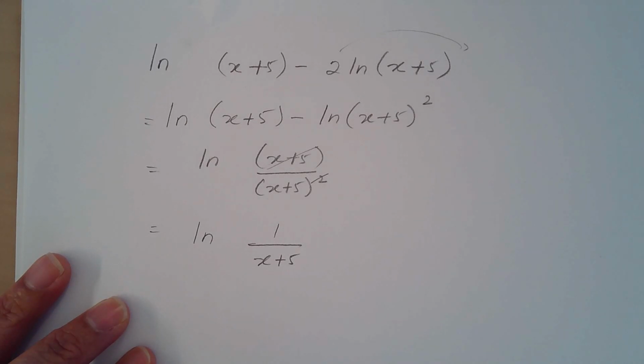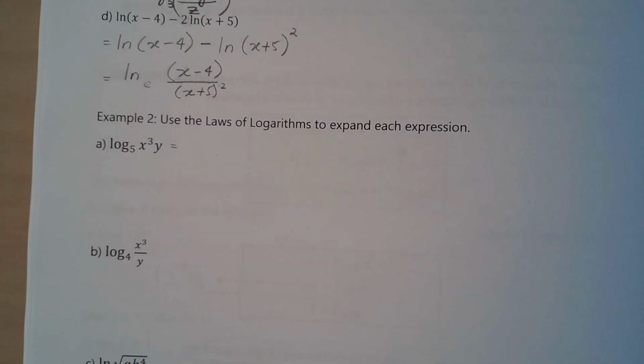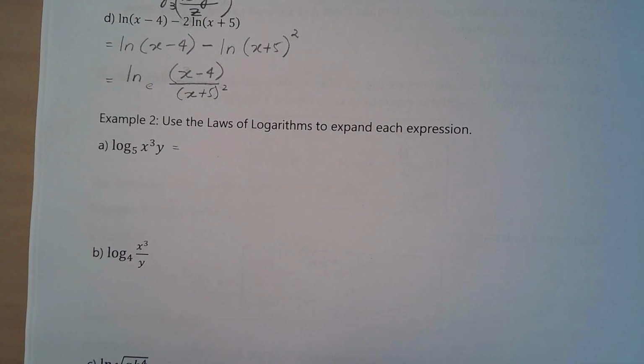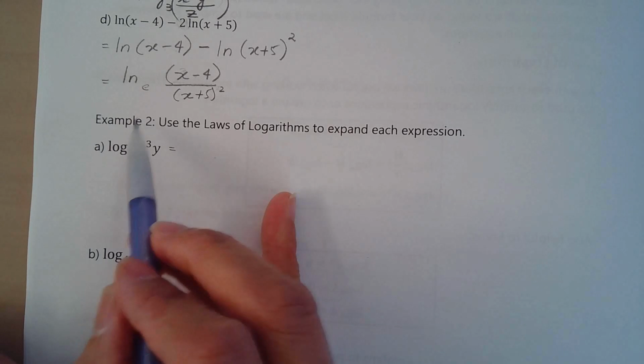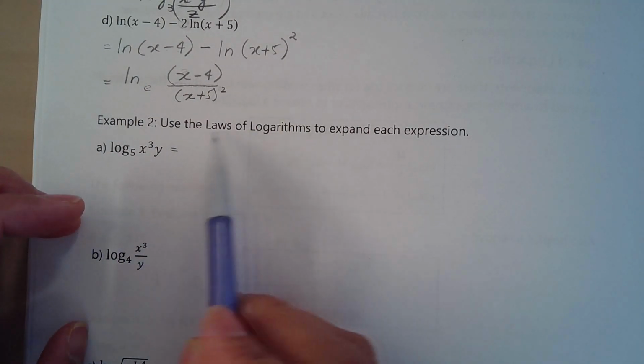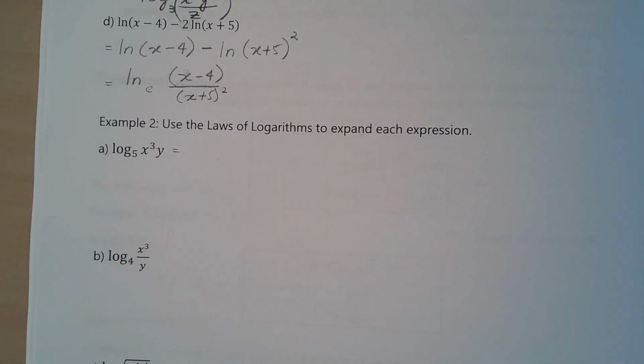Okay, that's good. Any other questions? So that one is making it one single, this one expanding. The reason why we're doing this is because there would be times when we're going to expand, and there would be times when we're going to write it as a single expression.